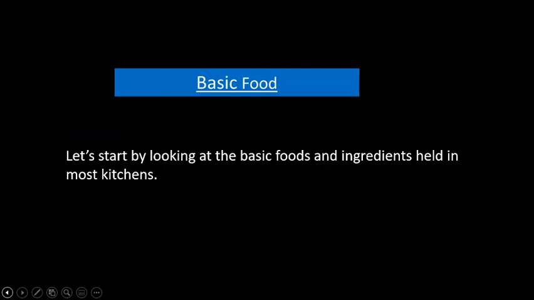Let's start by looking at the basic foods and ingredients held in most kitchens. Before going into detail, I want all of you to think about the types of food available at home in your kitchen. We get different types of food at home.